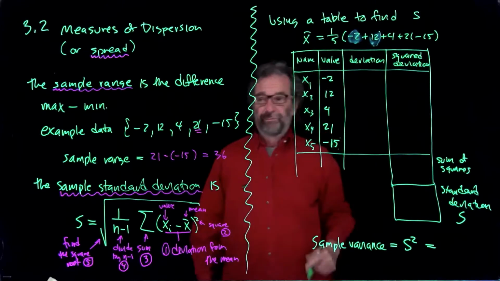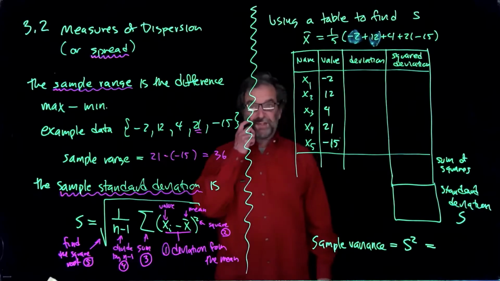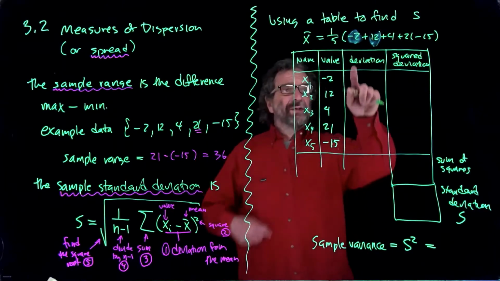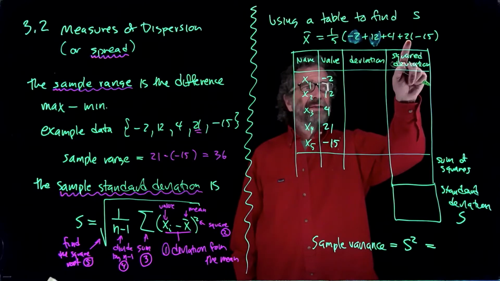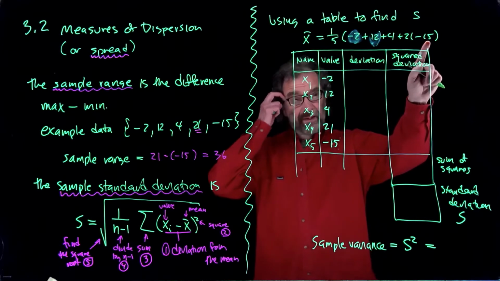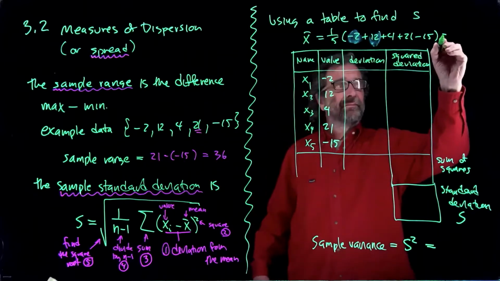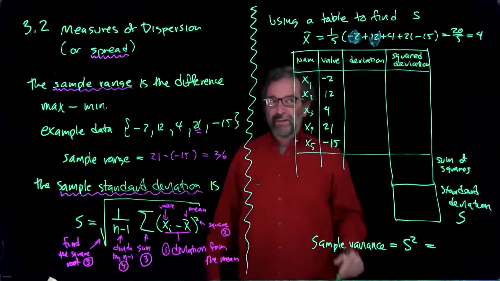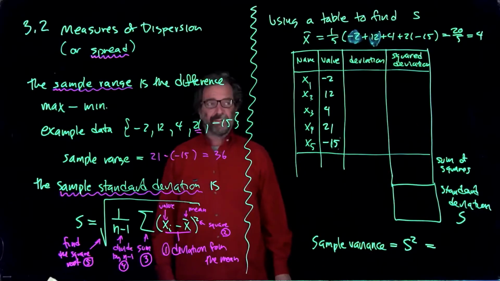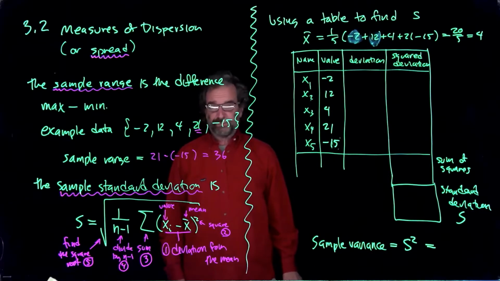Double check that because my eyes seem to be crossed. So minus 2 plus 12 is 10, plus 4, 14, plus 21 is 35, minus 15 is 20. So we get 4. It came out nicely. That's not by accident. I made that happen, so life would be easy for us.